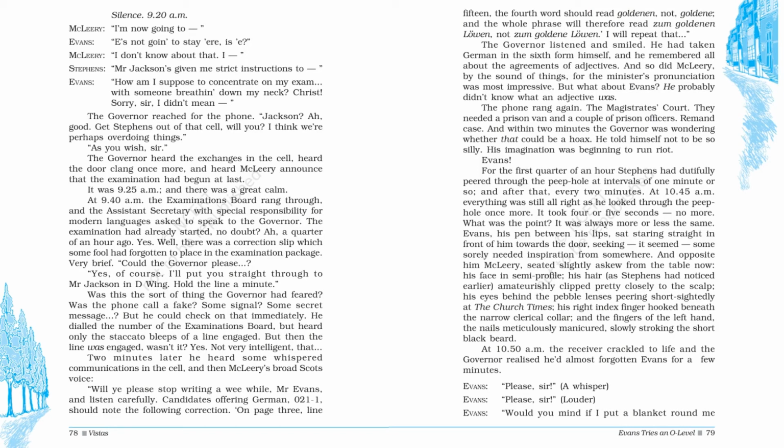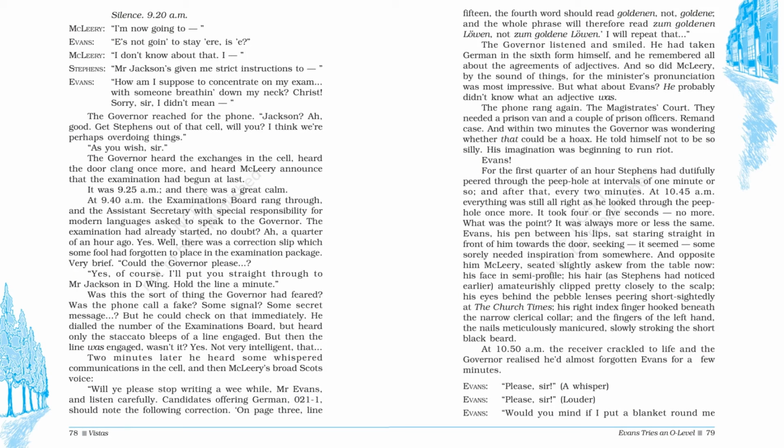The governor heard the exchanges in the cell, heard the door clang one more time, and heard McCleary announce that the examination has begun at last. At 9:40 a.m., the governor got a call from the assistant secretary of the examinations board. It was about a correction slip in the O-level German paper, which they had forgotten to put in the examination package.